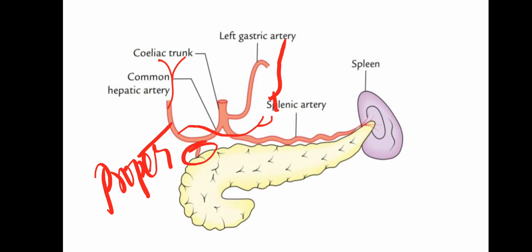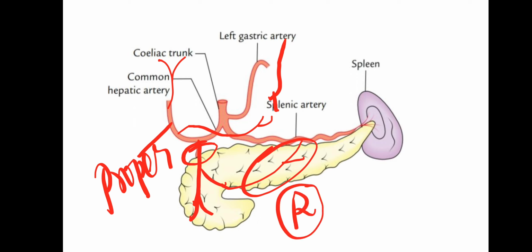What about this gastroduodenal artery? The gastroduodenal artery travels posterior to the duodenum, and then it divides into two branches. One is the right gastroepiploic artery, and the other one is the superior pancreatico-duodenal artery.